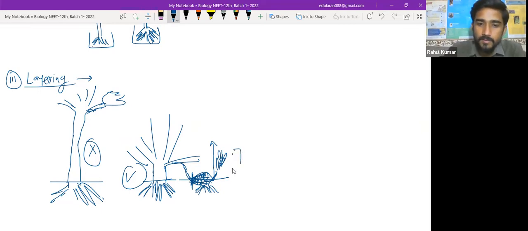This part, with some part of the branch still outside the soil.